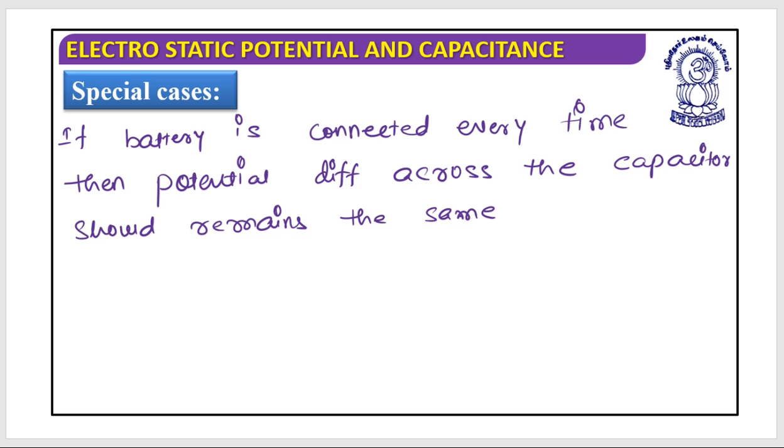Yes, that means I can have my first result, that Vf must be equal to Vi. Now this is a very important conclusion, that my potential difference across the capacitor will remain the same. Now according to this I can have a conclusion for different parameters as well.